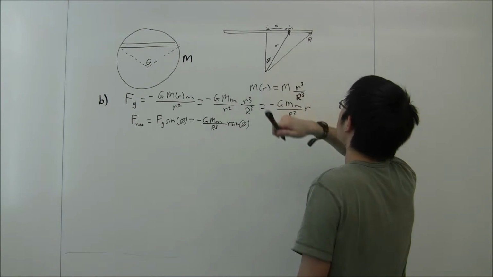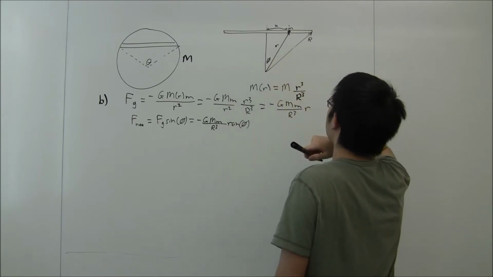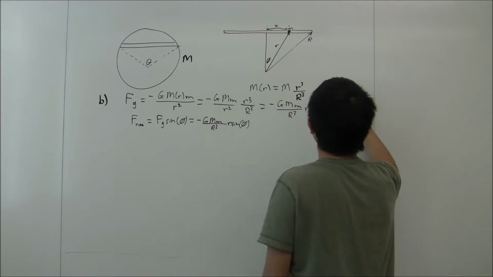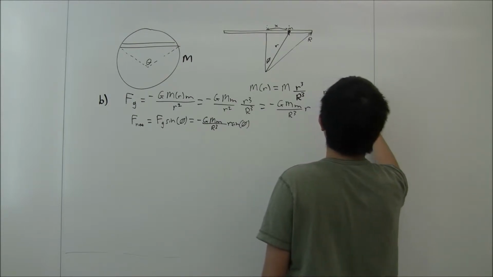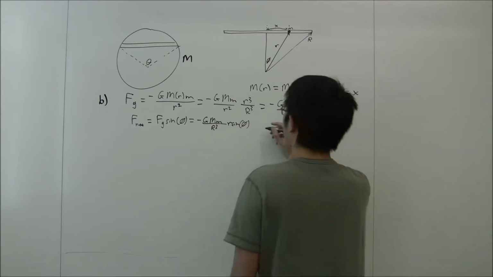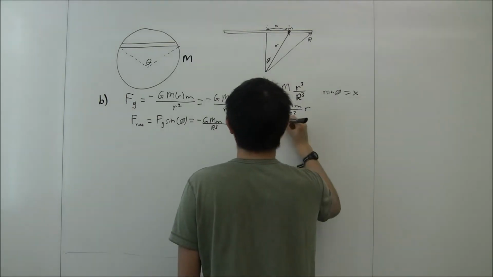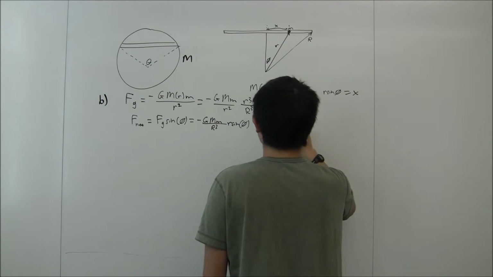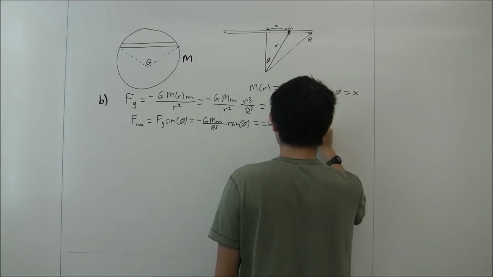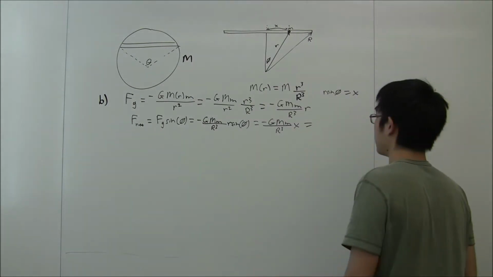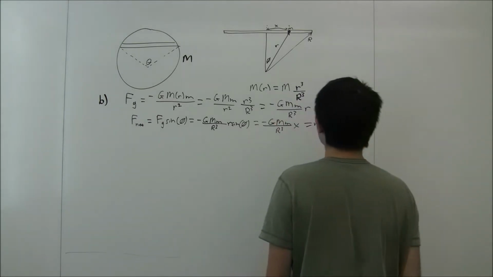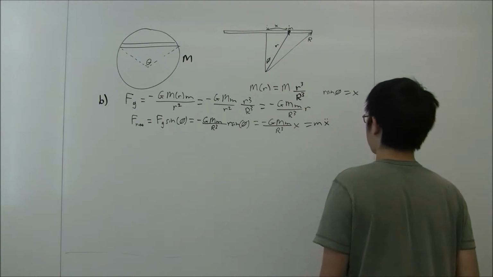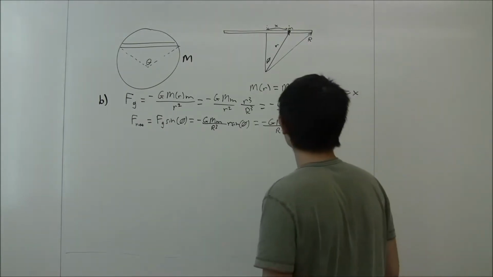And now notice that from our figure, r sine phi is just equal to x. So this is just equal to negative G big M little m over big R cubed times x. And by Newton's second law, that is equal to the mass of the astronaut times its horizontal acceleration, which is x double dot.